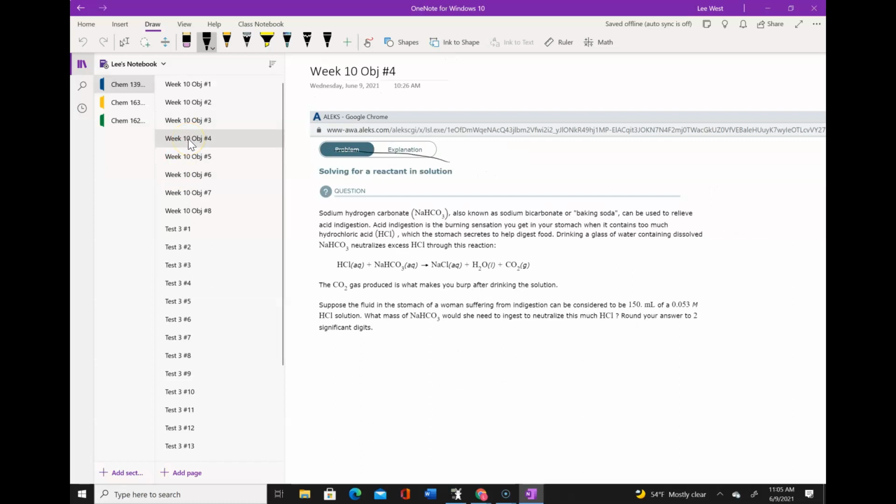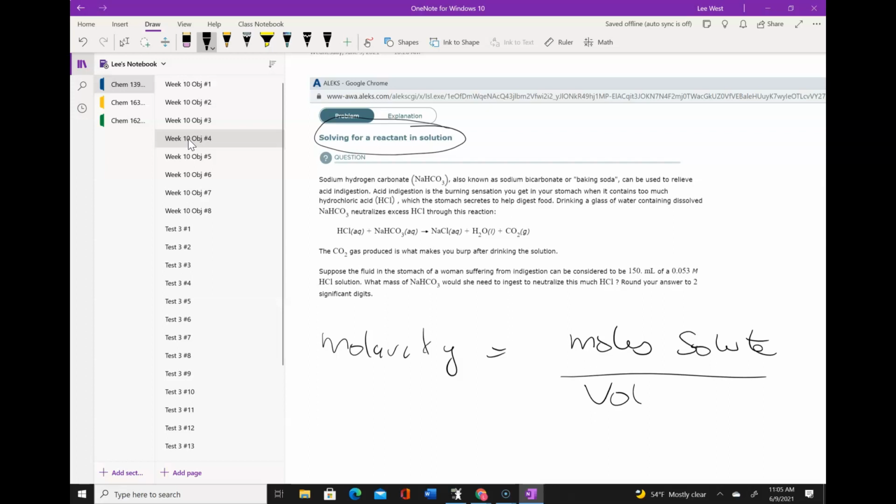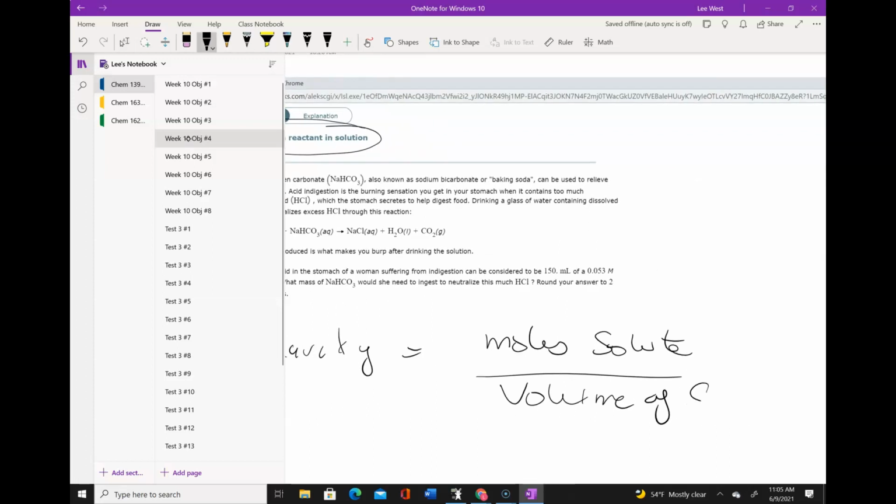Solving for a reactant in solution. So this is going to be looking at a chemical reaction. We're going to need a balanced chemical reaction, and then we're going to be relating molarity, which is moles of solute over volume of solution.